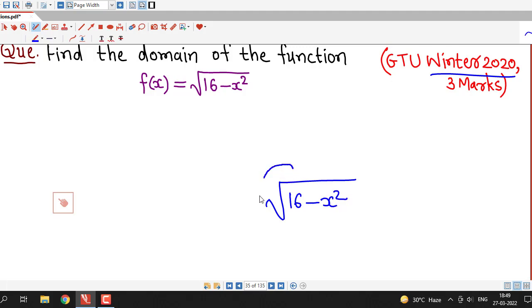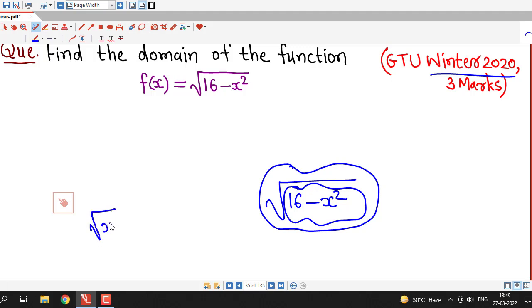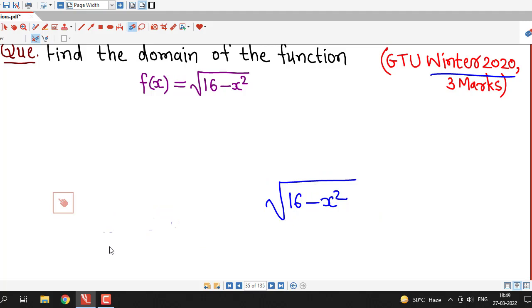So we have to determine the set of those x values for which this square root is possible, and we know that square root is possible if our number is non-negative. We can define a real square root for non-negative real numbers only. So this function is defined if 16 minus x square is non-negative.